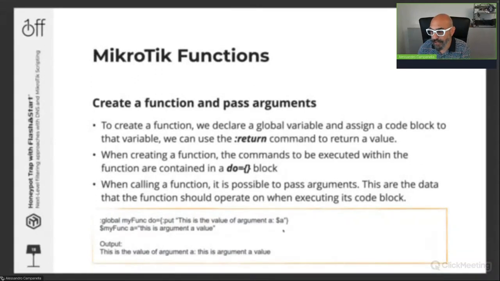This is the function I mean, and when I call the function in this way, I can call my func, a equals this is argument a value. The output will be: this is the value of the argument a, colon, this is argument a value. So it substitutes the a variable with the content of the variable in this way and composes the sentence.